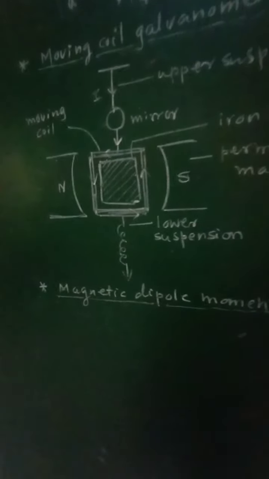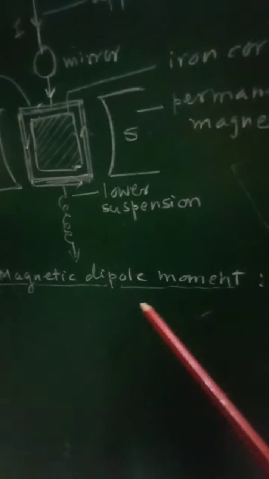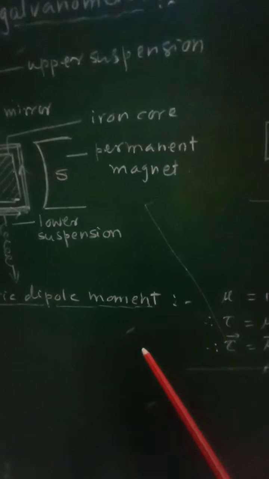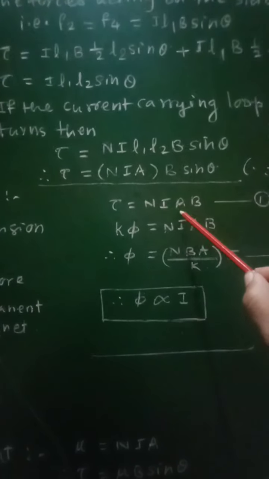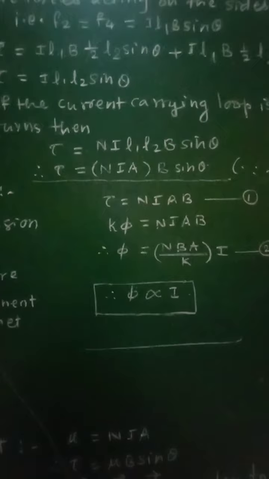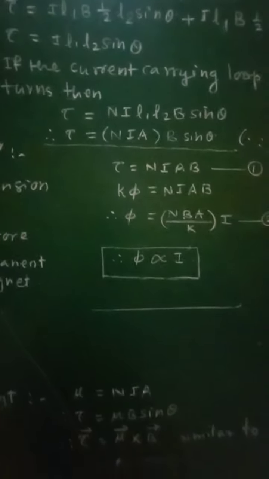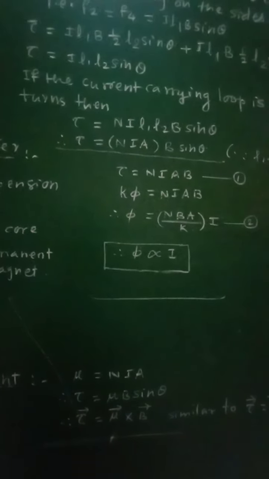Now let us see the next point, that is magnetic dipole moment. In the previous case we have seen that the torque acting is equal to NIAB. From this, the NIA term will be replaced by mu, that is the magnetic dipole moment, and therefore we can write mu equal to NIA.